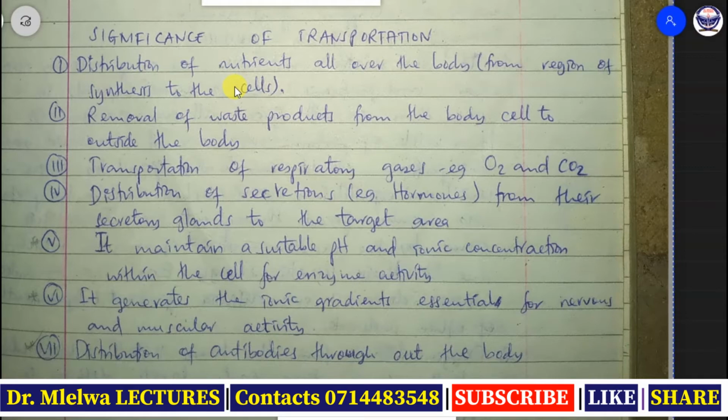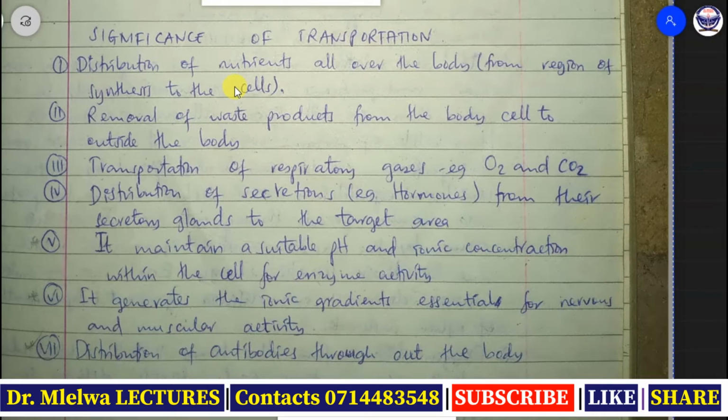Now the third point is transportation of respiratory gases such as oxygen and carbon dioxide. This is very clear. We know about the transportation of carbon dioxide and oxygen as we studied in our Form 4-5 biology, their mechanisms and things like that. Then the fourth point is distribution of secretions such as hormones from their secretory glands to their target organs.